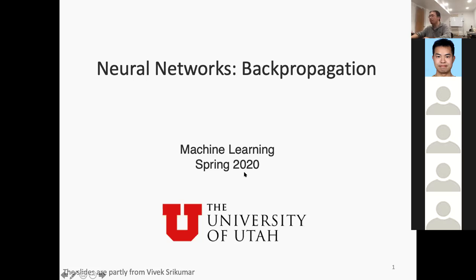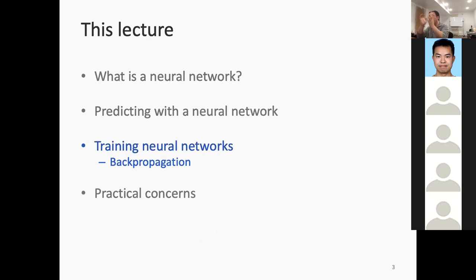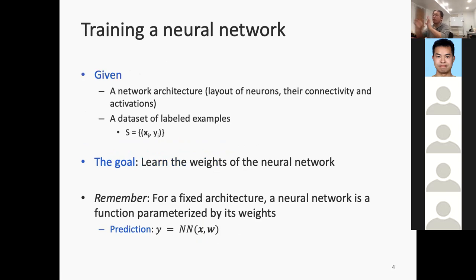Okay, so neural networks are trained mainly by backpropagation. Again, we have introduced the definition of neural networks, their expressiveness, and how we conduct prediction. So now our focus will be how to train neural networks. Let us first formulate the training.